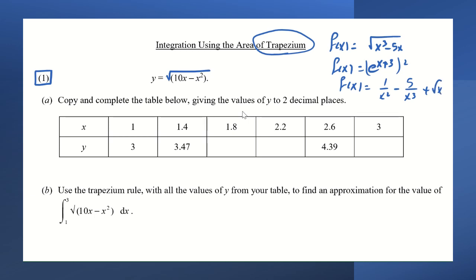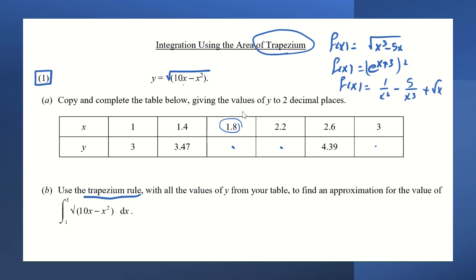And you have a table where you need to fill in some missing values, and then you have to use the trapezium rule to find the area under the curve, or the integration, without using integration. The first step you are going to do is to plug x into this function. So the first step, I'm going to replace x with 1.8.